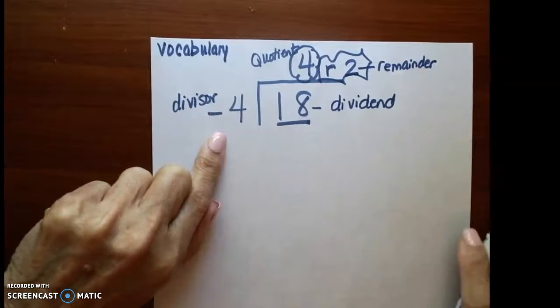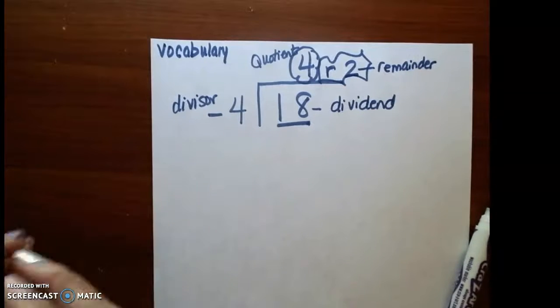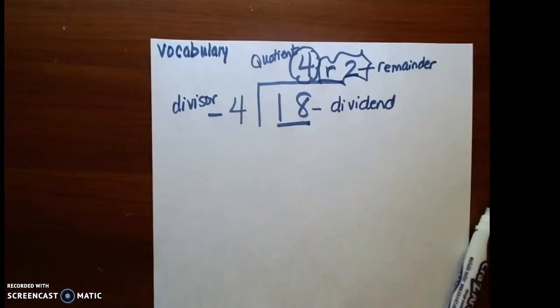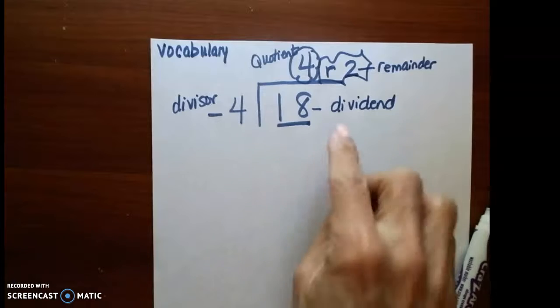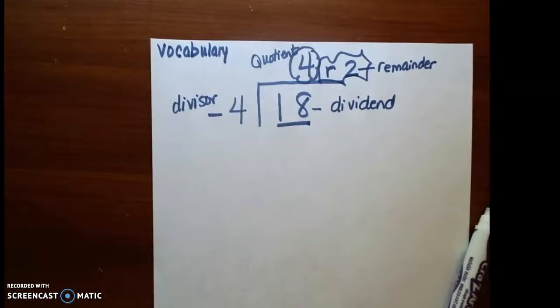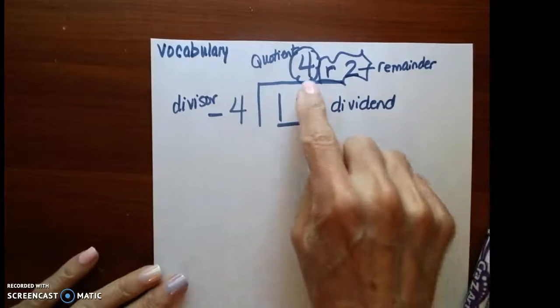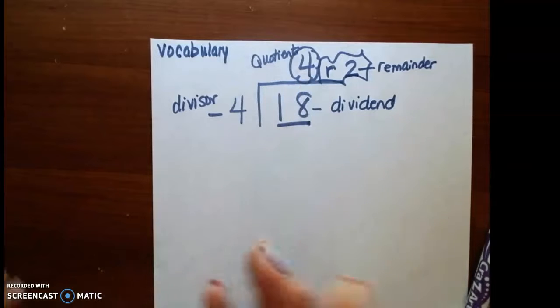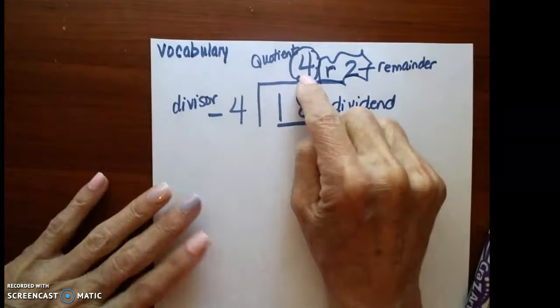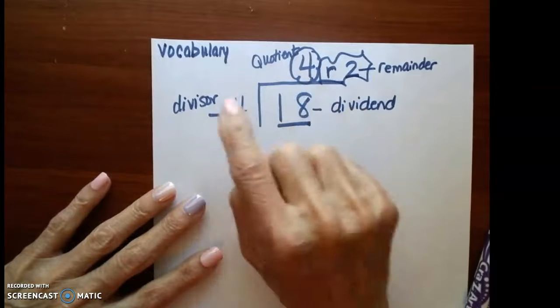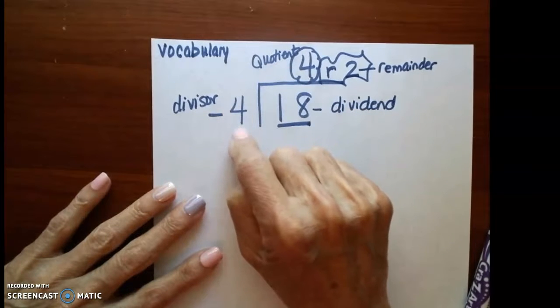Your divisor is the number of groups that you are creating or how many you are putting in each group, how many objects from your dividend that you're going to put in each of your groups. And your quotient is the answer to your division problem. It tells us how many equal groups we could make of whatever your divisor is.